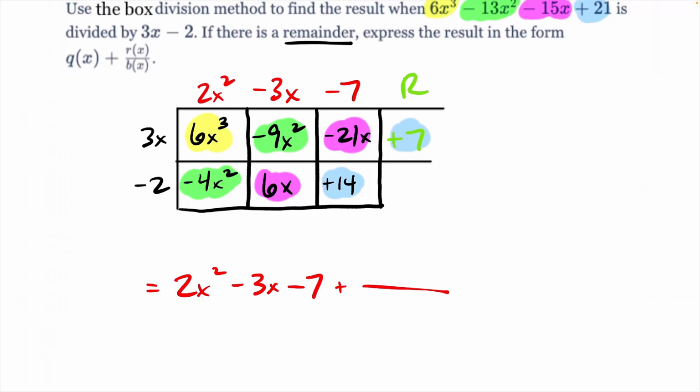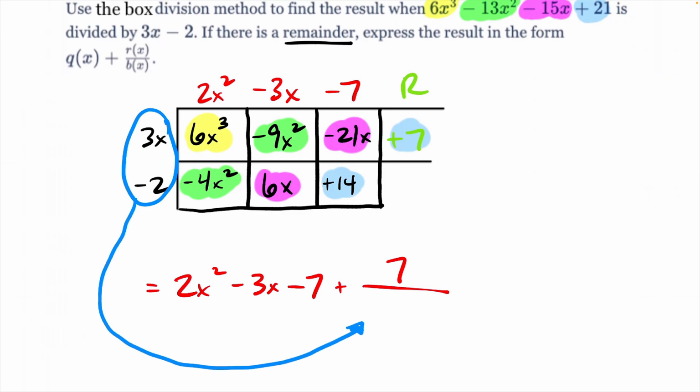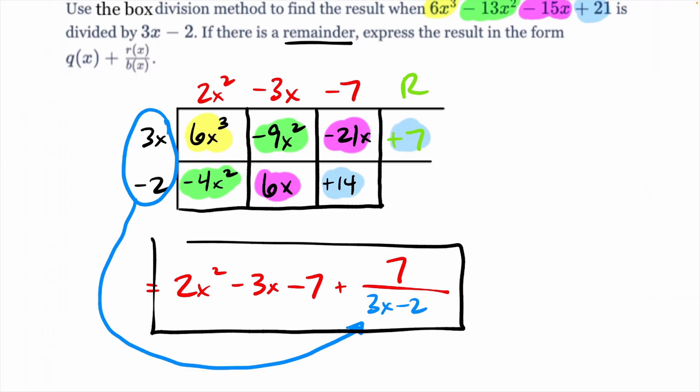Remainder goes on top. What was my remainder? 7, right? Positive 7. On bottom goes this guy here. It's called the divisor. That goes on bottom. 3x minus 2. Now you're done. Just like that.